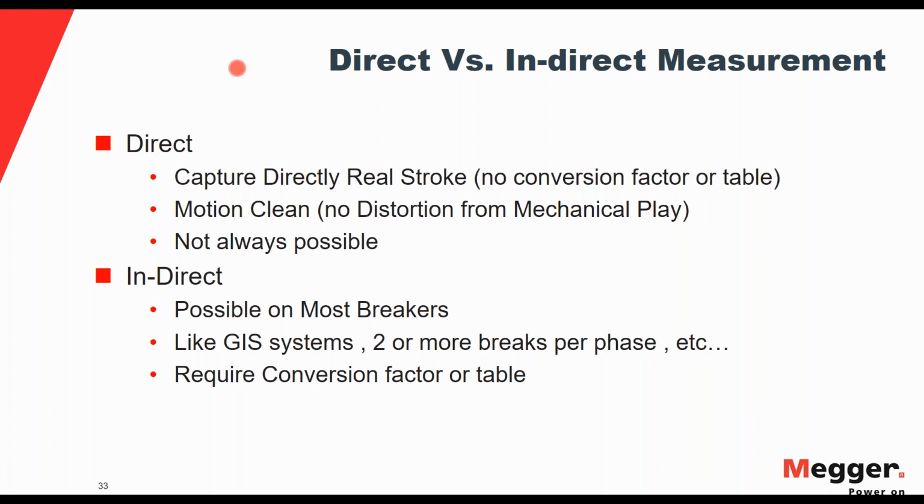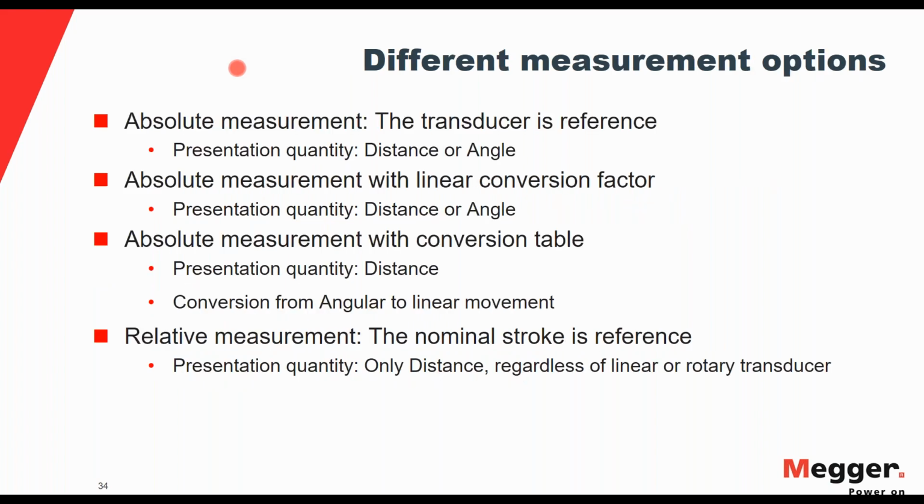So this really gives you four different measurement options that you can use. You can either go with an absolute measurement, the actual direct one. If it's possible, go ahead for it. And this absolute measurement, you can get either as a distance or angular value, either in millimeters or in degrees directly.